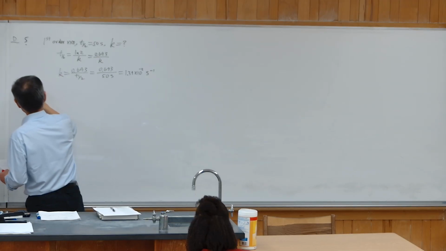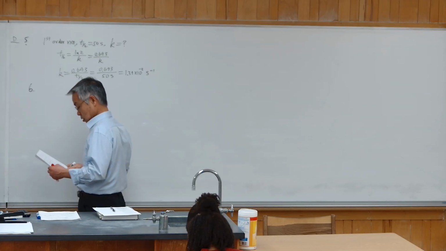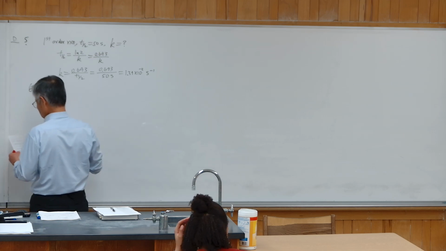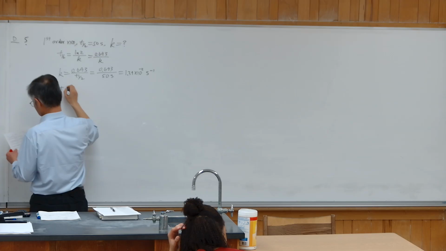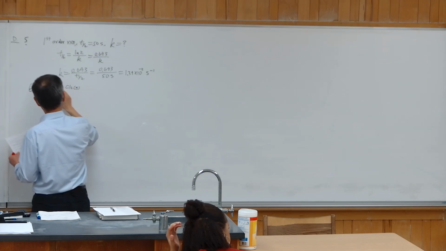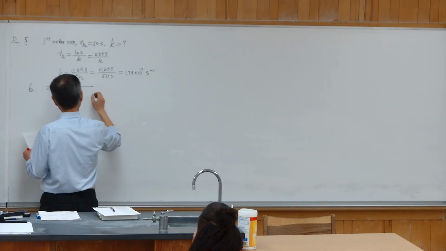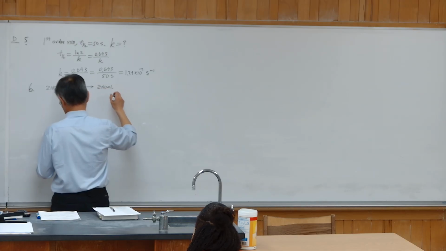Question 6. Here is the rate law of this reaction. 2NO react with Cl2 produce 2NOCl.